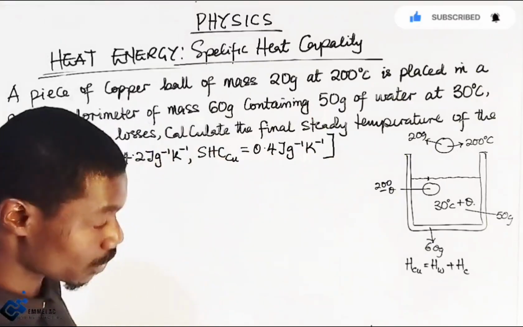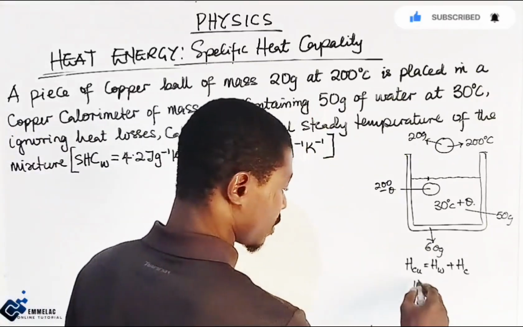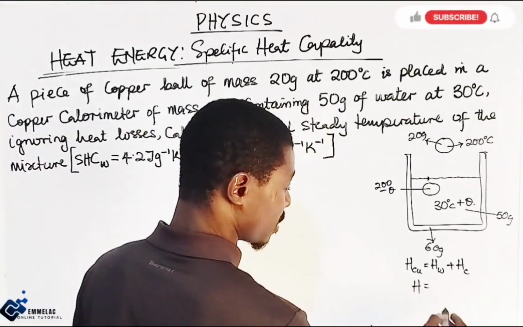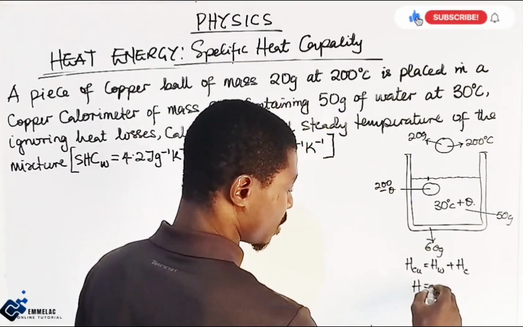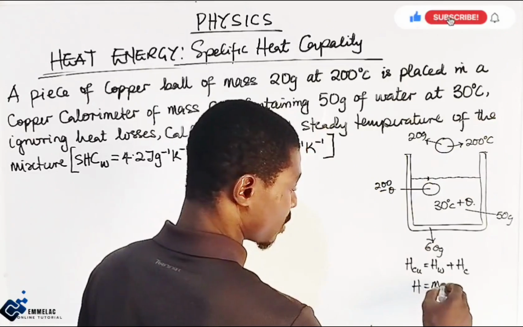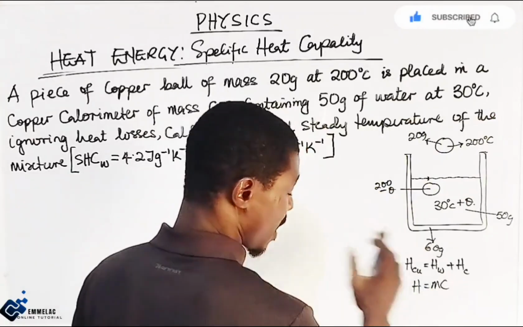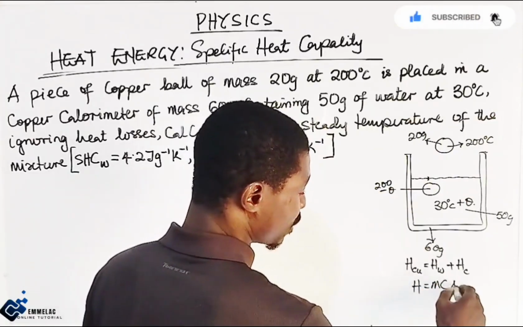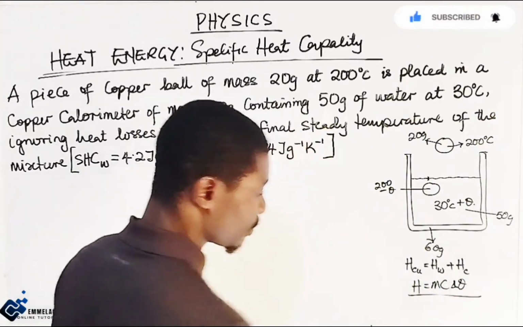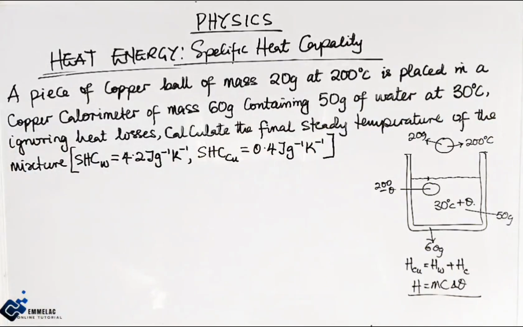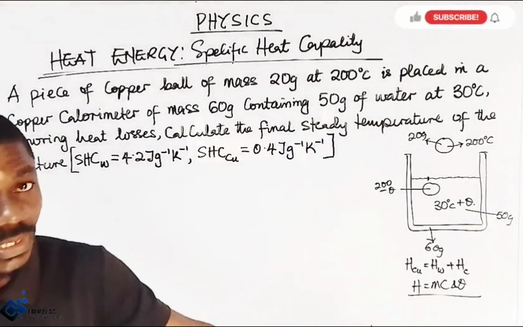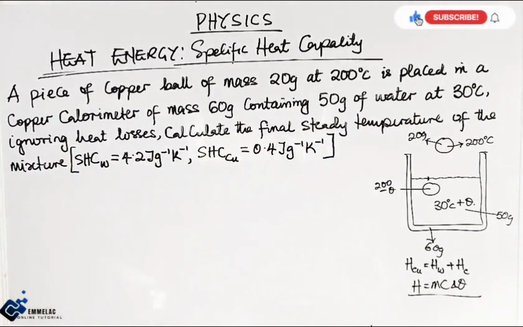Let us also recall that heat, H, is the product of mass, specific heat capacity, and the change in temperature. Now, since we've understood this, let us come back to solving this.